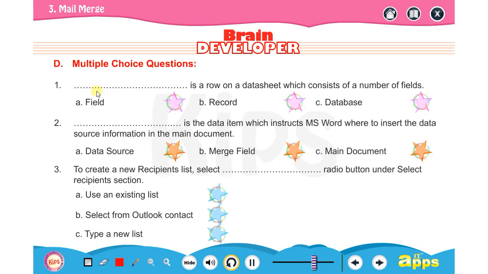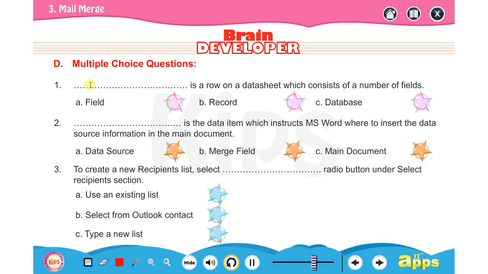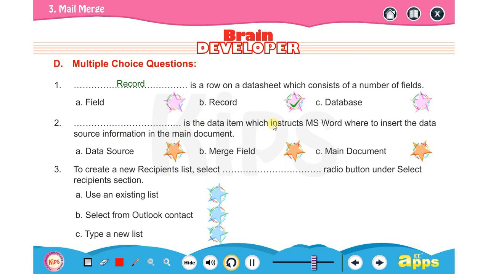Multiple choice questions, that is MCQ. So first, dash is a row on a data sheet which consists of a number of fields. So it is record. Second, dash is the data item which instructs MS Word where to insert the data source information in the main document.